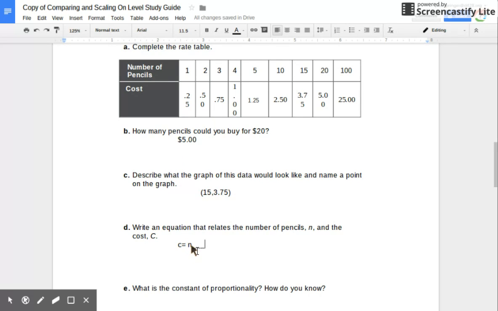If we had 2 here, it would be 2 times 25 cents gives you 50 cents. If we had a 10 here, it would be 10 times 25 cents gives you 250. So the number that would go here is our 25 cents, or 0.25. So this would be our equation, because our number of pencils is multiplied to the cost of one pencil, and that gives us our total cost.